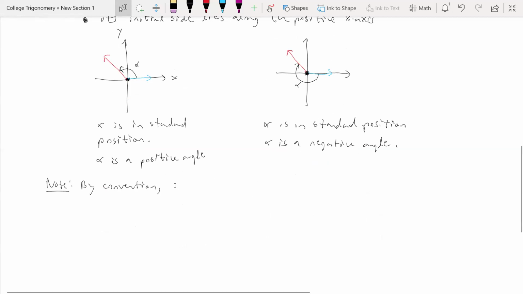So by convention, the counterclockwise direction, which I'm going to abbreviate CCW, is positive. And clockwise, which is CW, is negative.